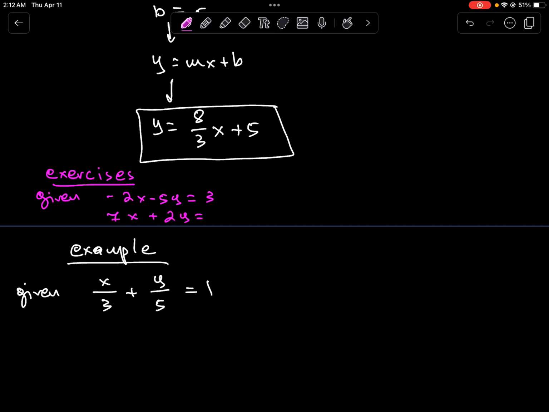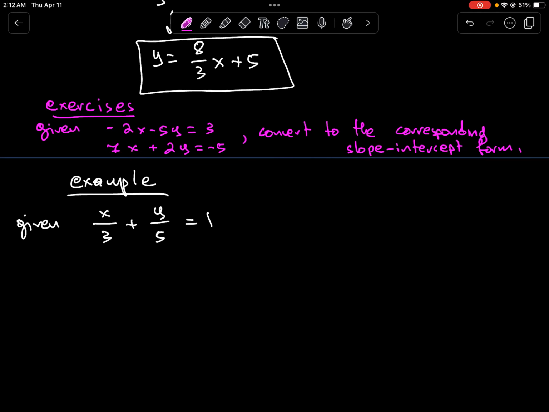Given those, convert to the corresponding slope-intercept form. Obviously this one is going to get one slope-intercept form and this one another, and you can do it. You should do it both ways, with and without a graphing calculator.